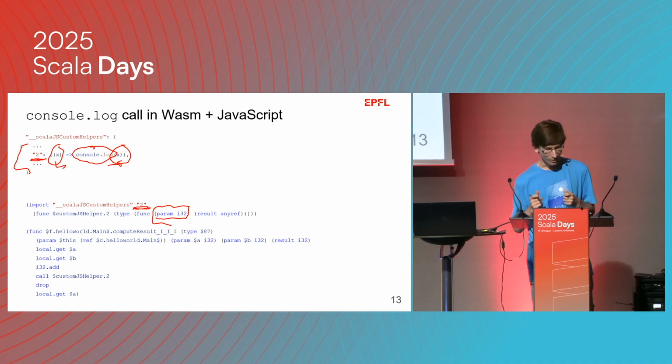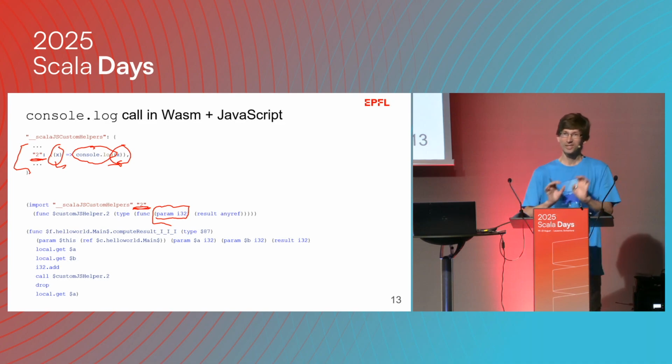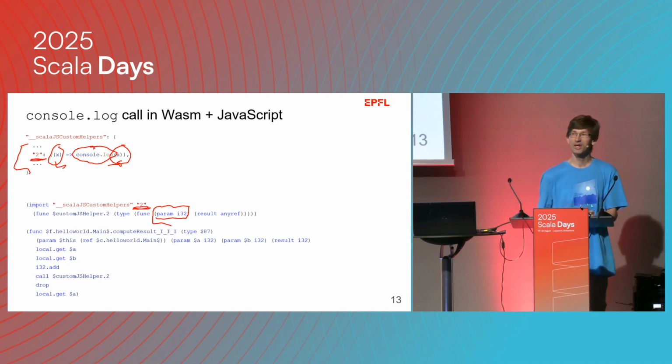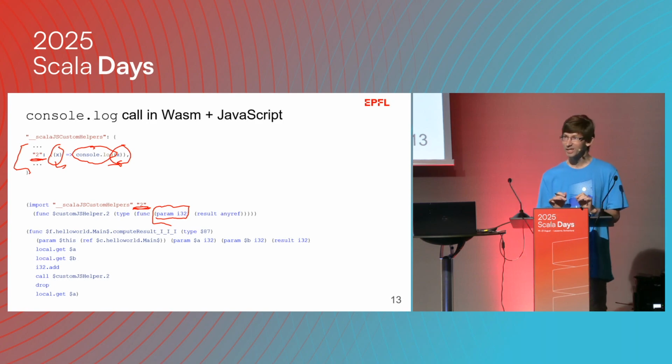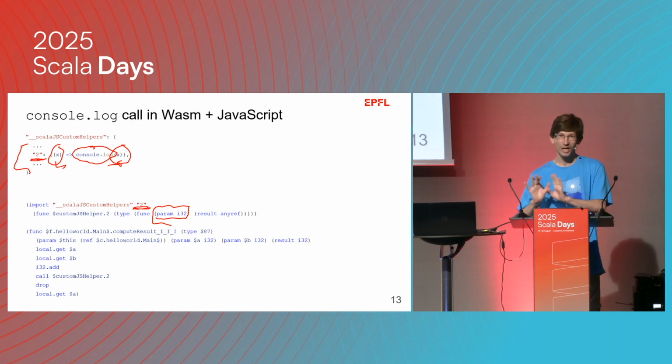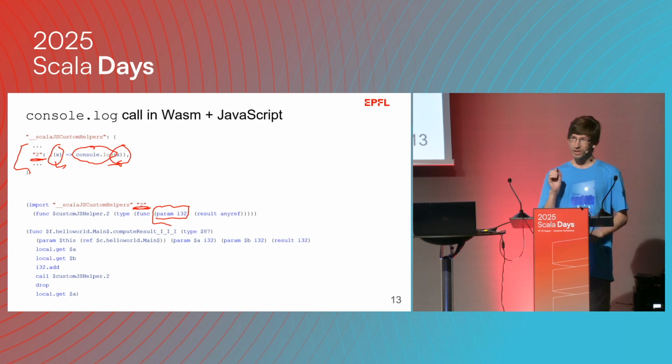That was super slow. So we push inside the JS helpers as many constants and global variables and method names as we can, so that we only have to pass through the boundary a limited amount of things. It's not really the passing the things.